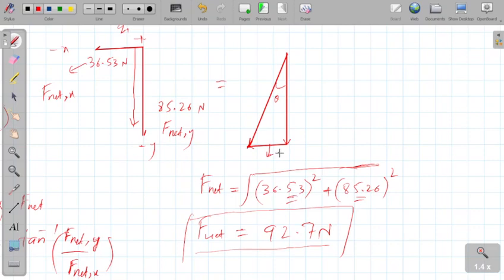This is 36.53, this is the net force. You should not make this mistake. We have to see with respect to this angle, not just which way the force is acting, but we check with respect to this angle.